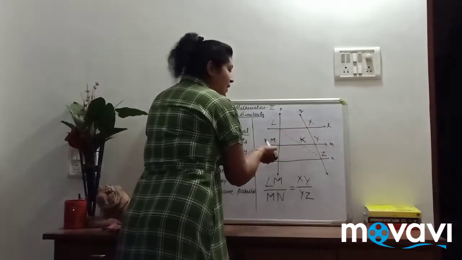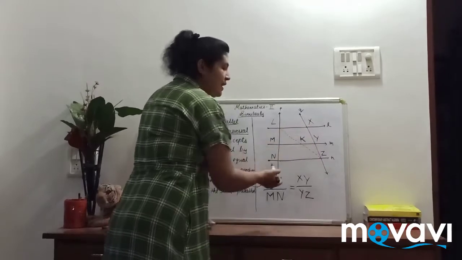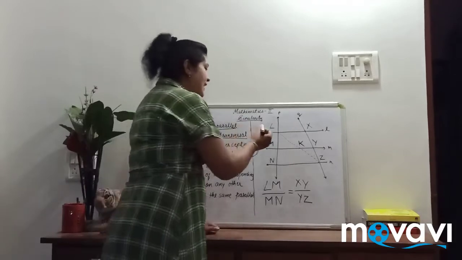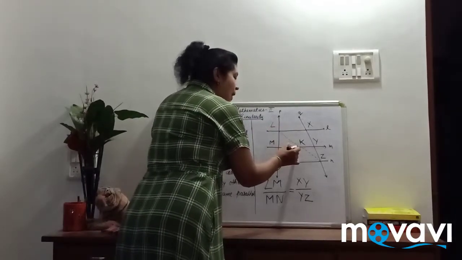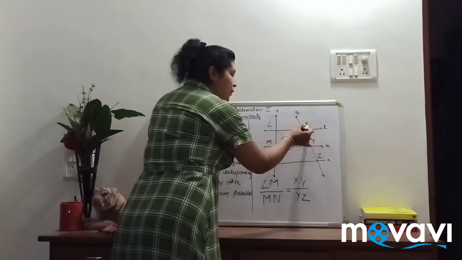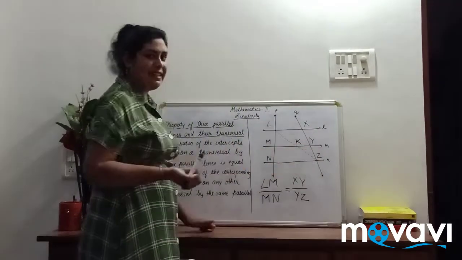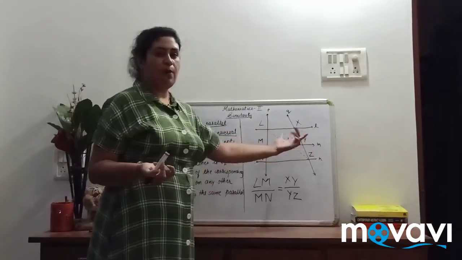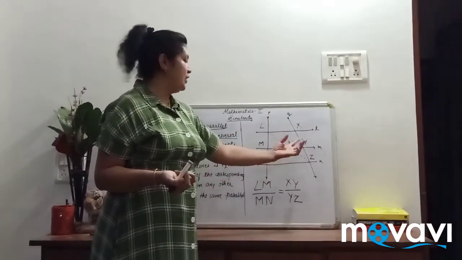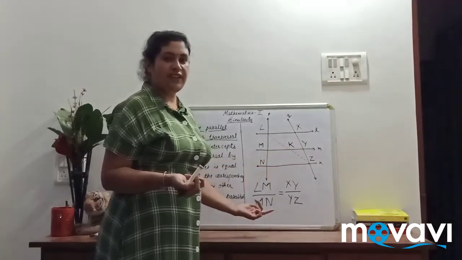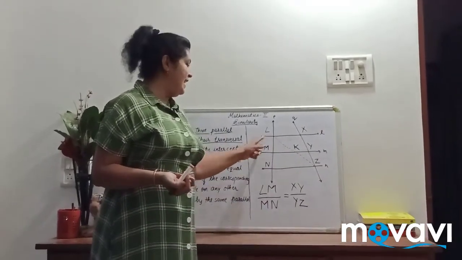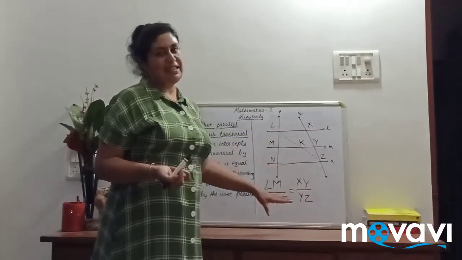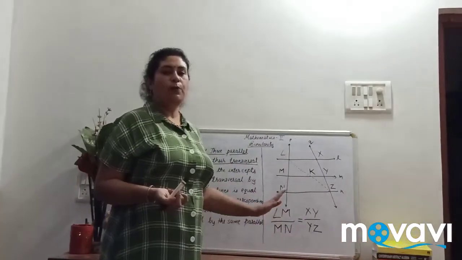Again you can apply the basic proportionality theorem, and here we can write like this: LK upon KZ is equal to XY upon YZ. Yes? Now see this, the ratio LK upon KZ is common in both the triangles. So finally what we can write is LM upon MN is equal to XY upon YZ. So from 1 to 3, I hope you have understood this.